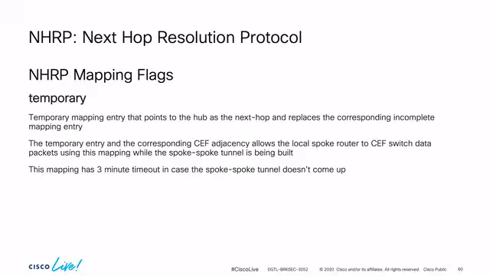What is very important is this mapping has a timer. It has a timeout, a 3-minute timeout. In case the spoke-to-spoke tunnel does not come up, this entry gets deleted, and it needs to start the whole process of building the spoke-to-spoke tunnel all over again.